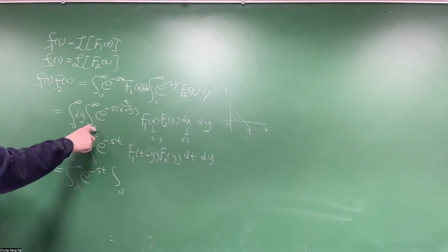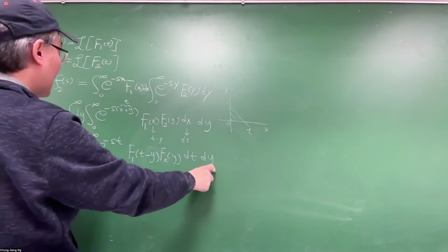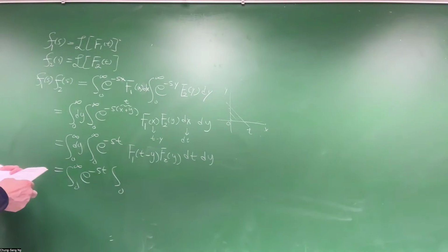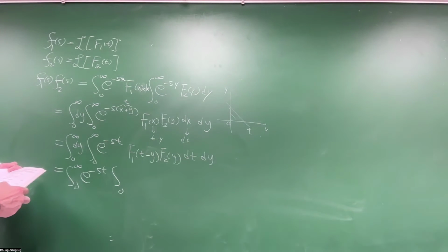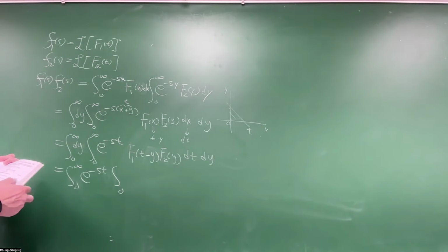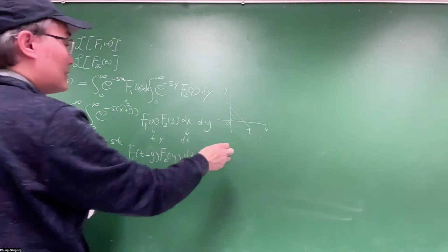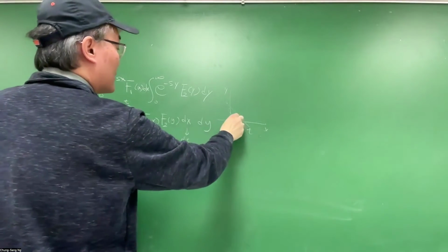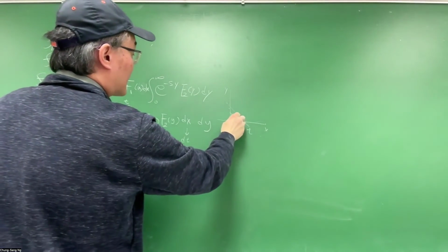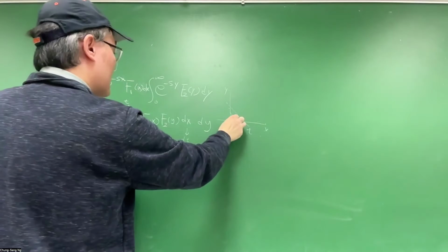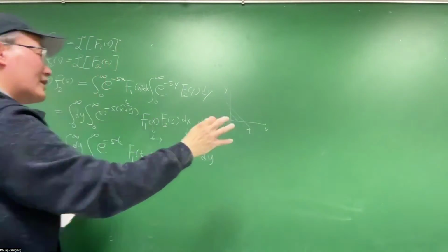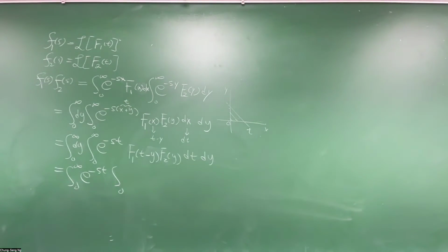The t is 0 to infinity, but y needs to change, right? This is your new variable. You change x and y to t.